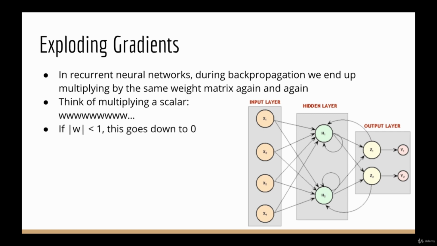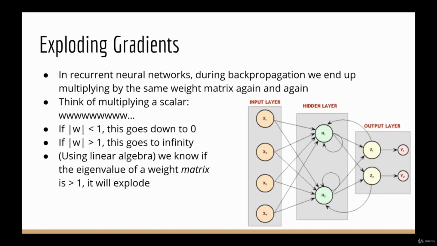We already saw what would happen if the scalar is small, in particular less than 1. This product is going to go down to 0. But what happens if the scalar is bigger than 1? Then we get exponential growth, and this product is going to explode to infinity. So, and this requires a little knowledge of linear algebra, if the eigenvalue of your weight matrix is bigger than 1, then you're going to get exploding gradients.